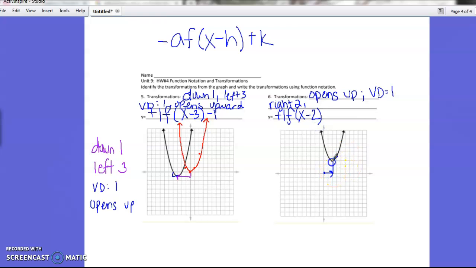And then we're going to move up 1, 2, 3. So my K is plus 3. And so there's our function notation. So the trick with these is to break everything down one step at a time, do your transformations, and build your function notation from there.